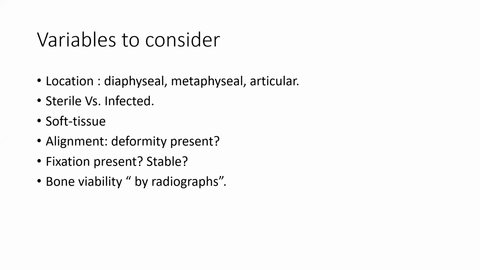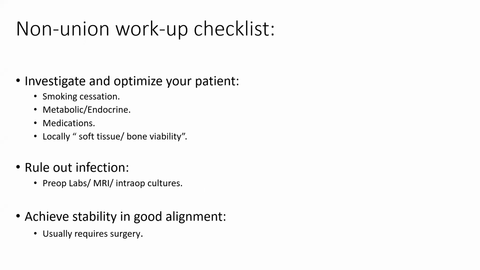Sterile or infected, the status of the soft tissue, and the alignment of the limb, which is something that sometimes needs to be corrected in order to achieve union. Fixation present, and is it stable or is it too rigid? And bone viability, which usually is assisted by radiographs.